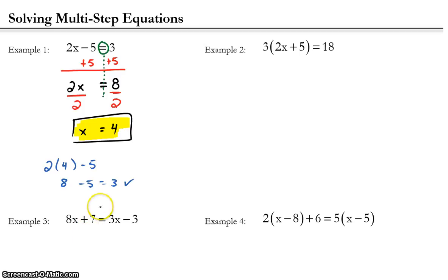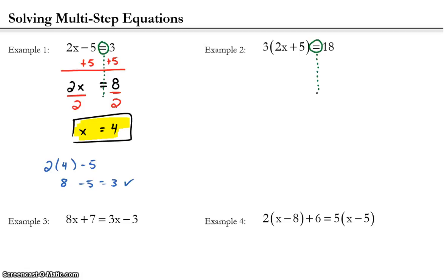Example 2. This is the only situation here where I have parentheses. Now, just like in the regular order of operations, parentheses do have to come first. So anytime I see parentheses, I have to distribute before I can add or subtract, before I can multiply or divide.